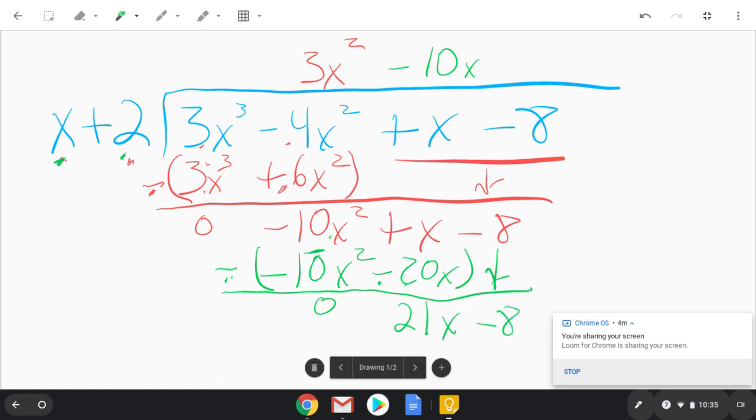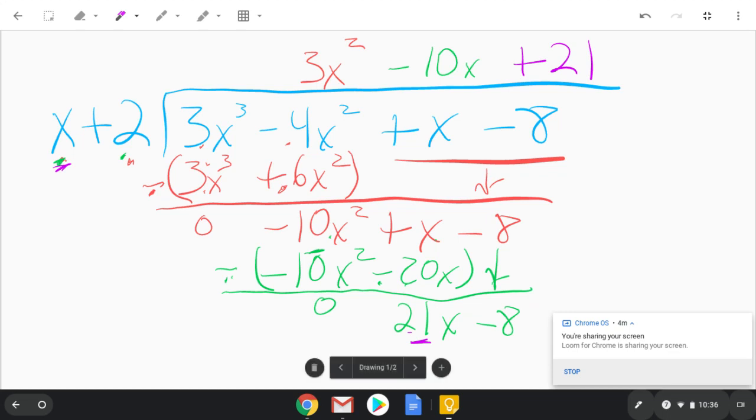And then we're going to start it again. I'll switch colors here for you. All right, from here, we ask, how many times does x go into 21x? Well, it's 21 times, or x times what gives us 21x? So that'll be a plus 21 right there.